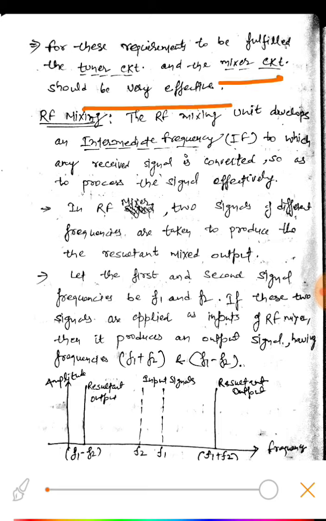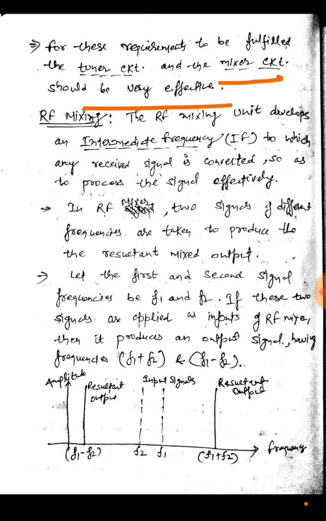Every receiver contains an RF mixing unit, which develops an intermediate frequency to which any received signal is converted so as to process the signal effectively.